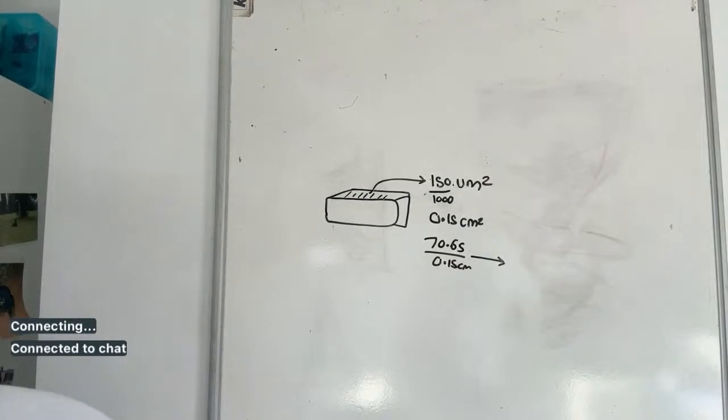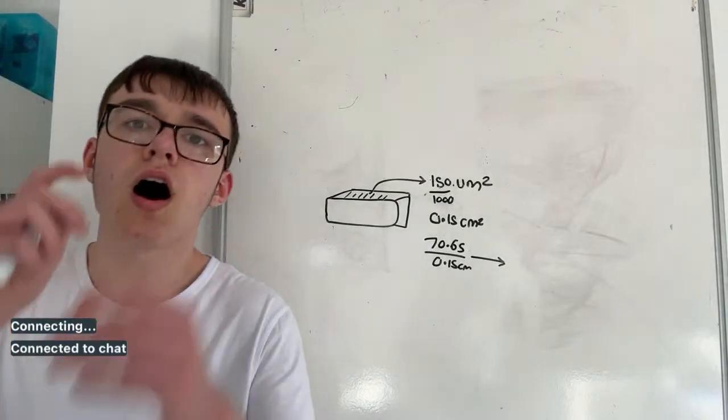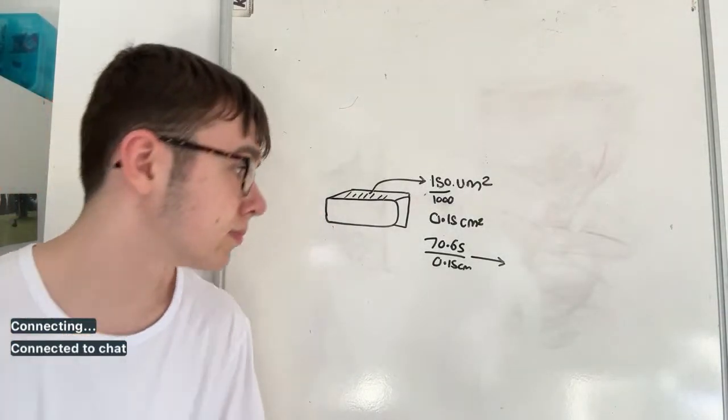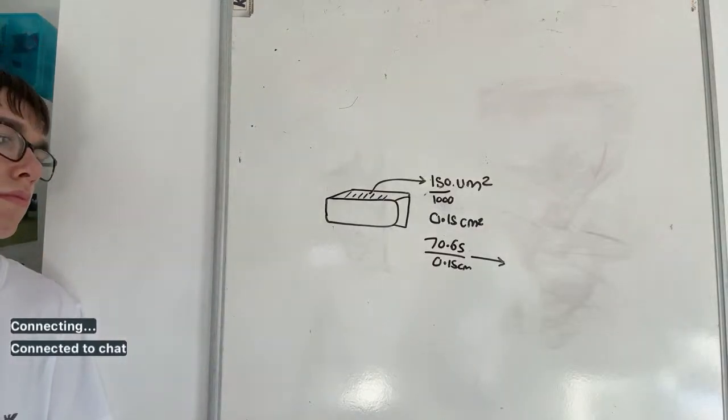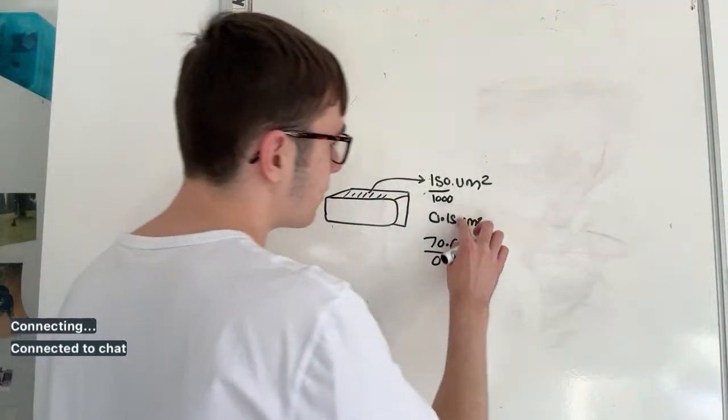Is that really what you would get? 70.65 divided by 0.15. You get 471. Oh! That would be millimeters.